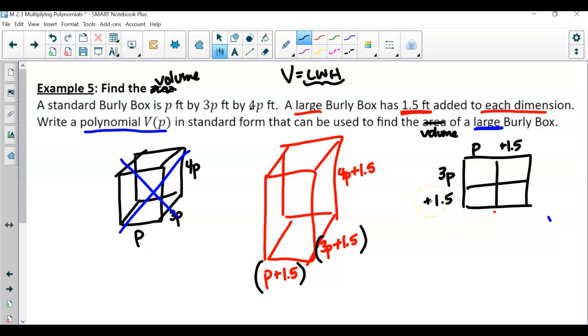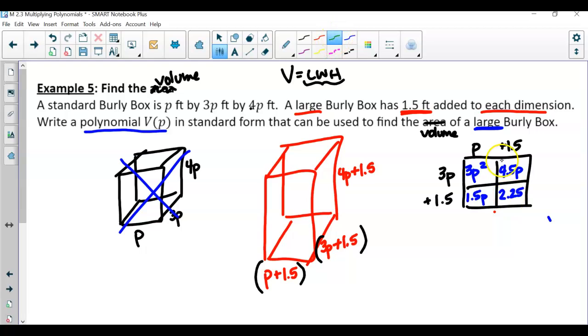So when I multiply 3P times P, 3P squared. Then 1.5 times 3 is now 4.5P. Then 1.5 times P, 1.5P. Then 1.5 times 1.5 is 2.25.